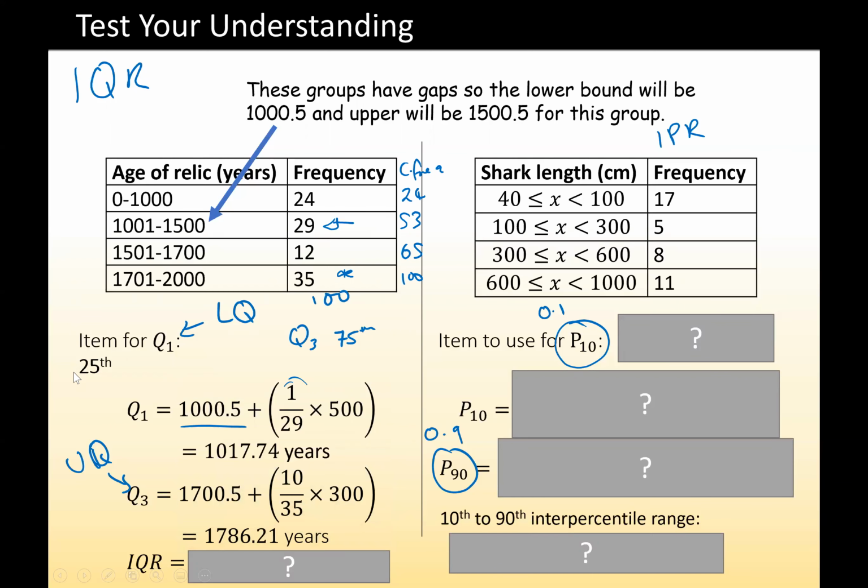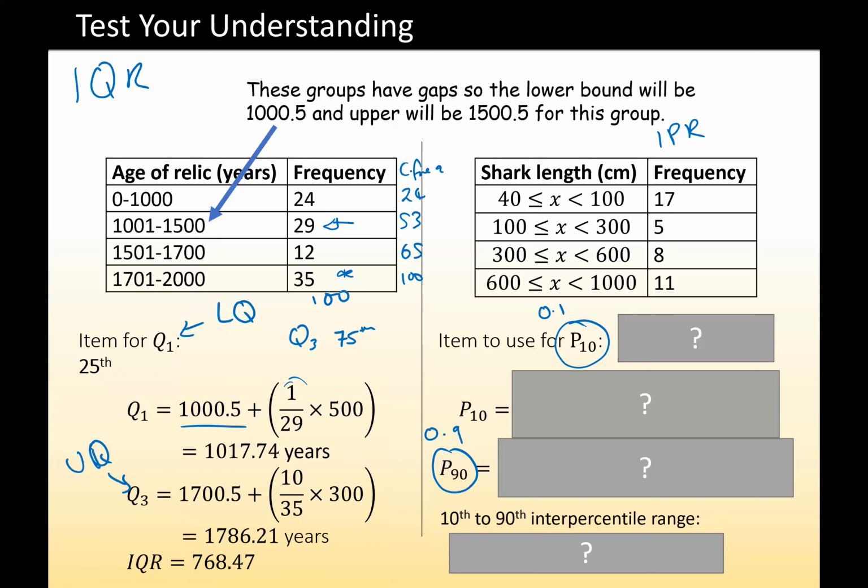So it's going to be our lower boundary plus the 10th piece of data out of a class frequency of 35, times by 300, which gives us 1786.21. Always double check at this point that the upper quartile is larger than your lower. It's a good way to double check that you haven't made a big error there. Then finally, working out the interquartile range, we just subtract and there's our answer.